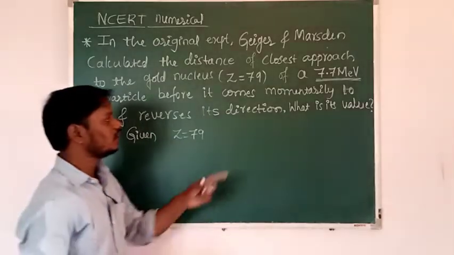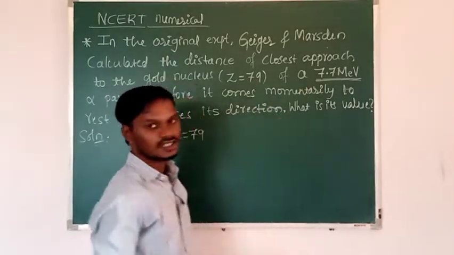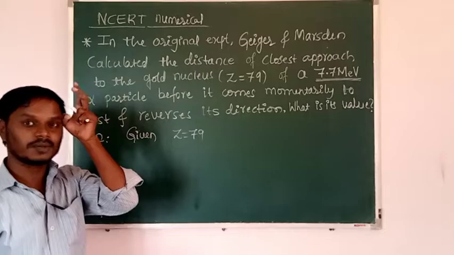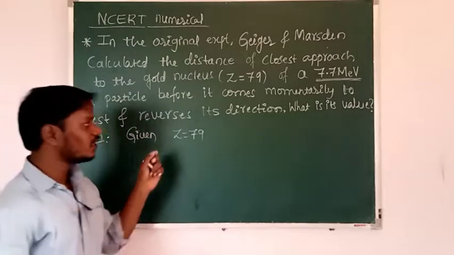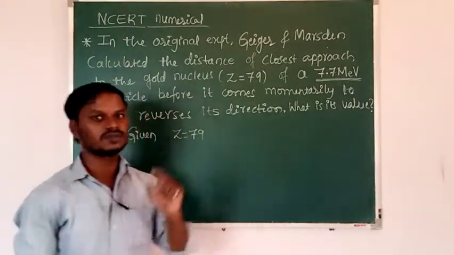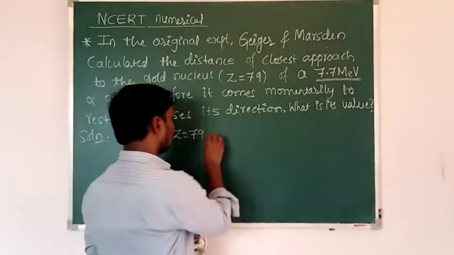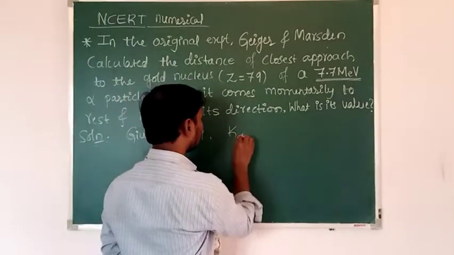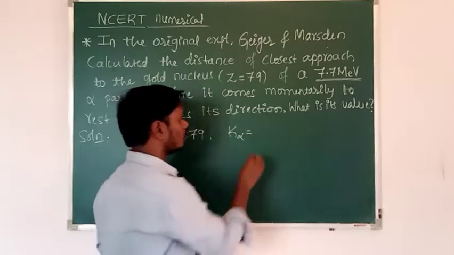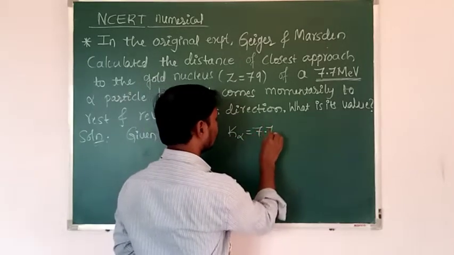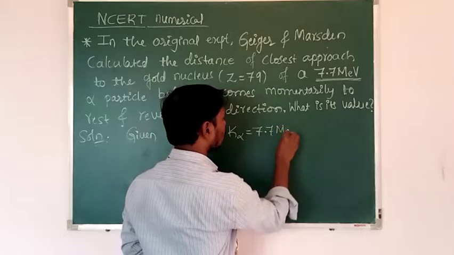And the kinetic energy of the alpha particle is given, because initially the alpha particle is in motion. When it comes near to the nucleus, it comes to rest and then reverses its direction. Then the kinetic energy of the alpha particle, I will write K alpha, is equal to 7.7 million electron volt.